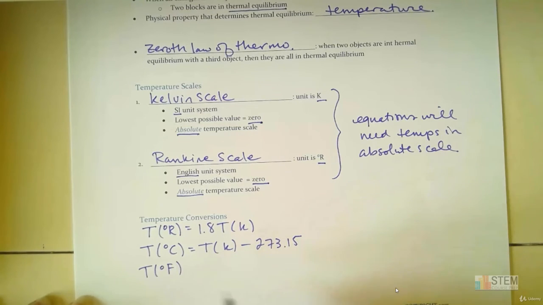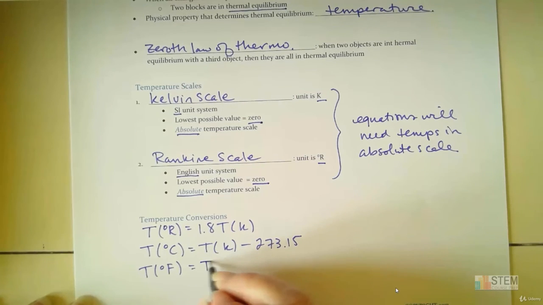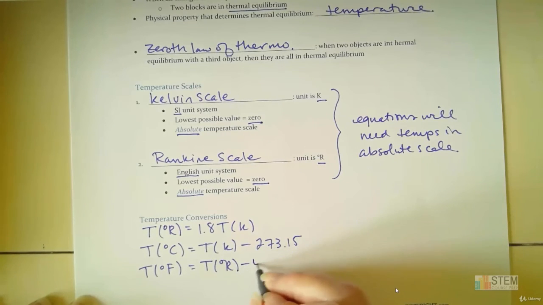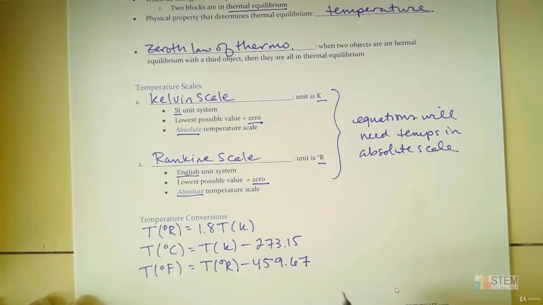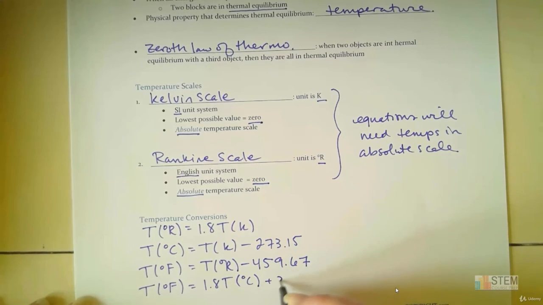Now let's go to Fahrenheit. So let's say we want Fahrenheit, and we were given a temperature in degrees Rankine. What we need to do is take that temperature in degrees Rankine and subtract 459.67. And then last one, if we're given a temperature in Celsius and we want Fahrenheit, we're going to have 1.8 times the temperature in Celsius plus 32.